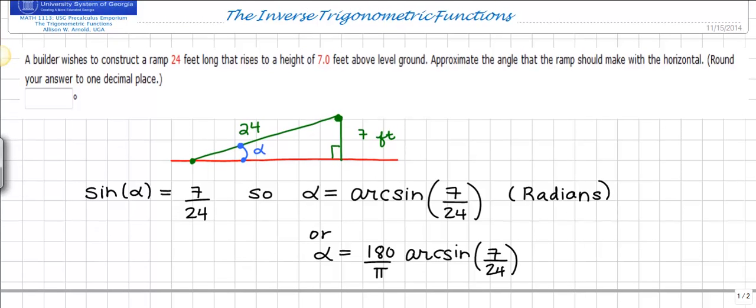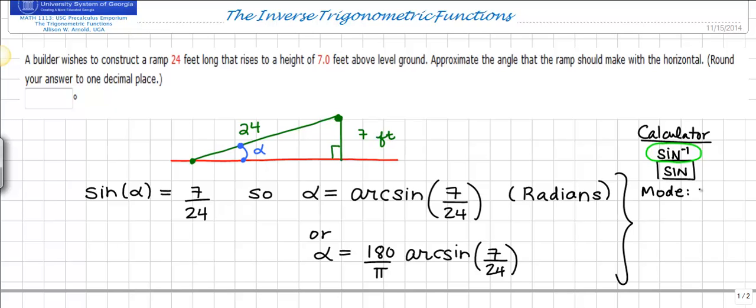So if that's what you need to do, then you would go to the calculator, and the calculator button you need is the one for sine inverse. So this one. You want your mode to be in degrees because you were told to put your answer in degrees.